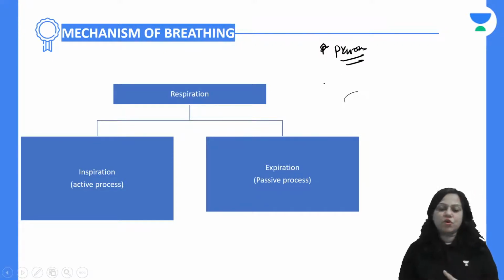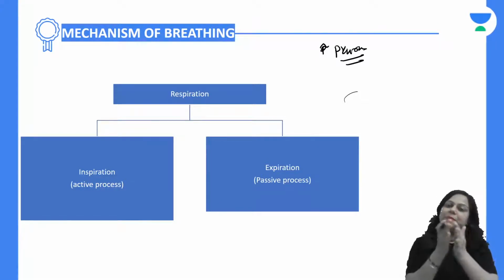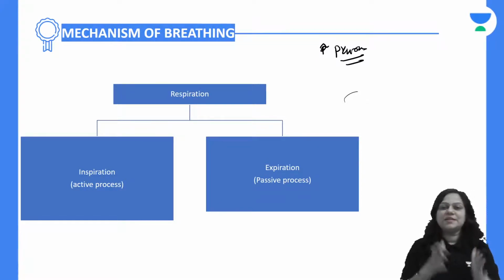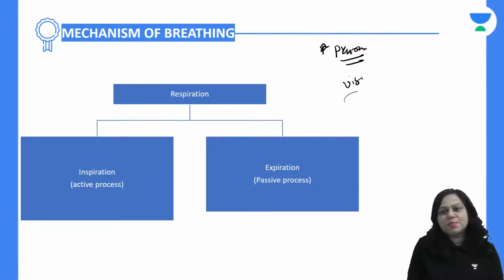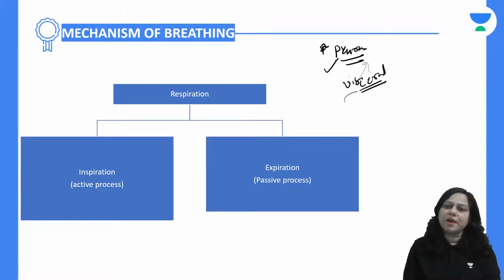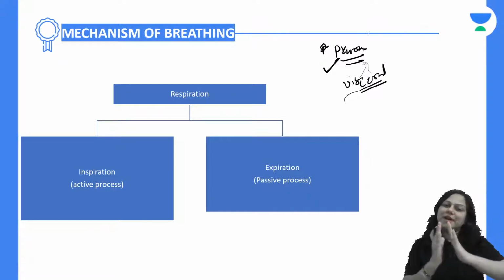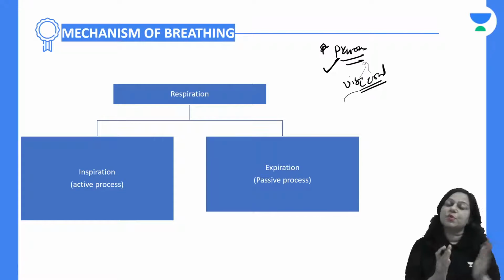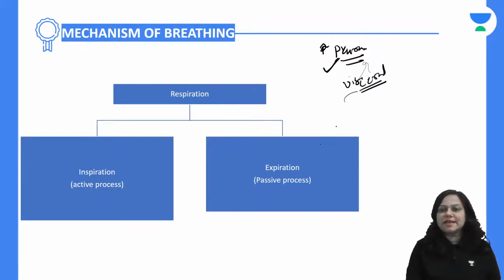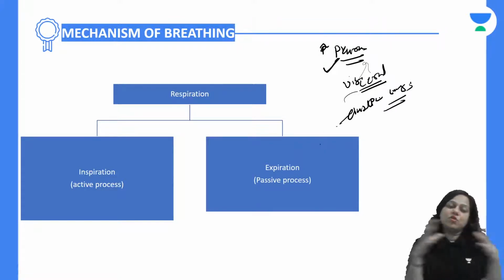Parietal pleura will follow the expanding chest wall, and visceral pleura will follow the parietal pleura, and thus the elastic lung parenchyma also follows the thoracic cavity movement passively.